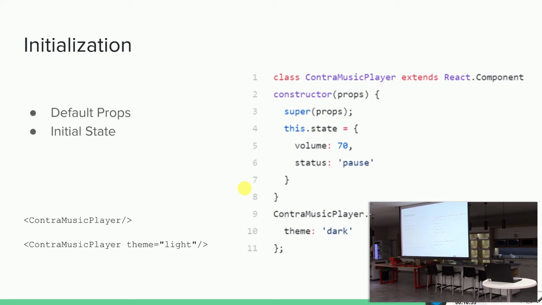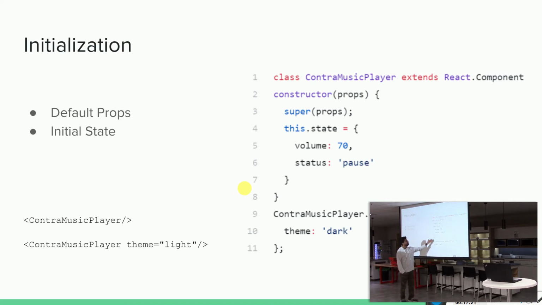To make sure that we are understanding the concept we are talking about today, I'll try to make sure that we are creating one application, maybe a music player. This is the sample code of that. So for example, if I want to load my music player the first time, it should be loaded with some configuration, right? For example, volume should be 70%, status should be paused or played or stopped.